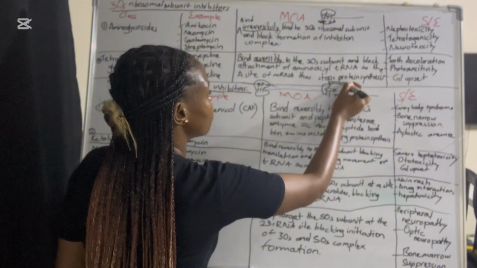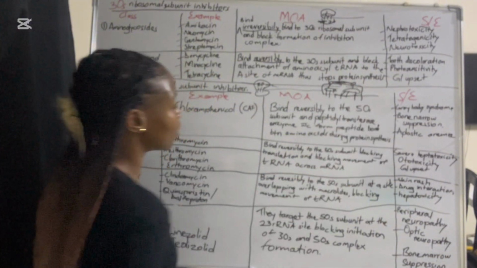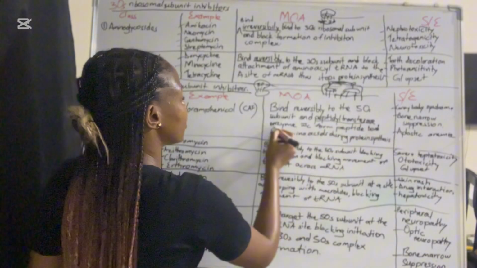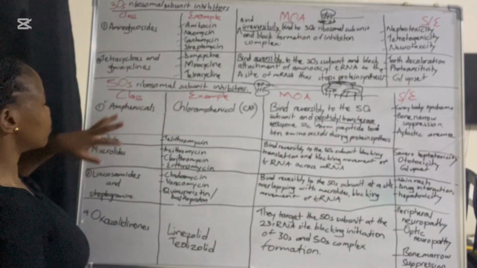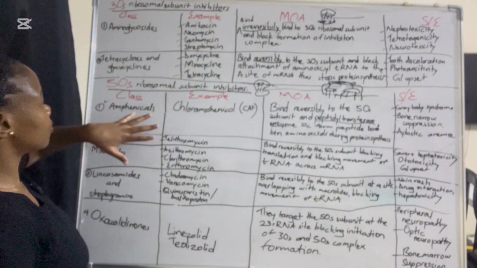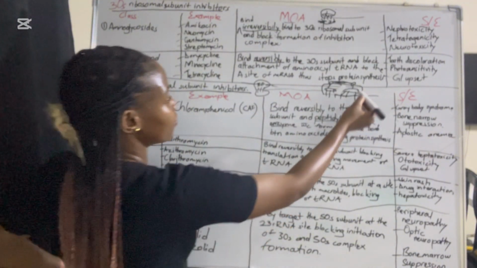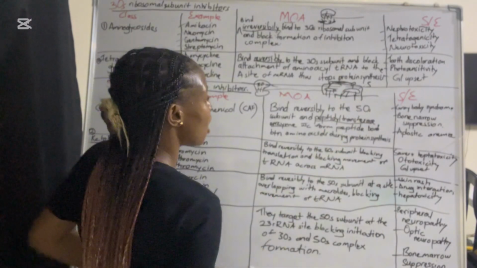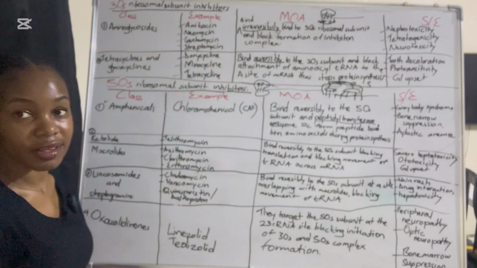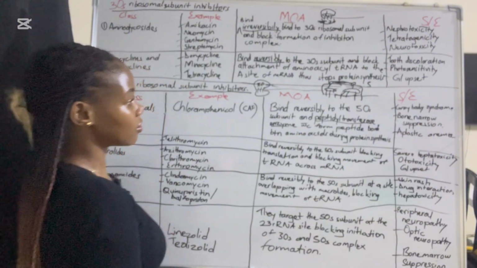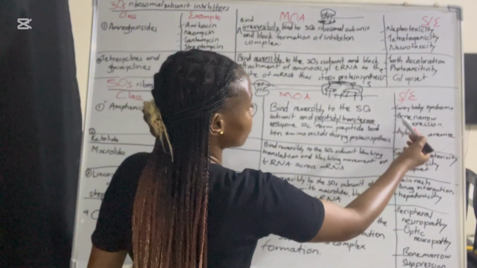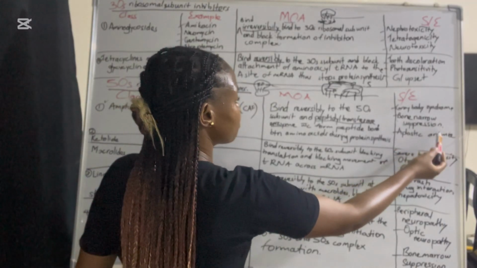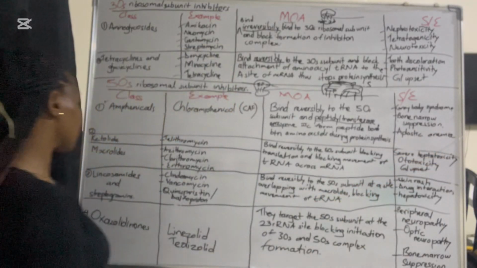Now this bond formed here, the peptide bond between the amino acids, is carried out by an enzyme, peptidyl transferase. So when these phenicols bind to the 50S, they're going to block this enzyme from creating a peptide bond, thus inhibiting protein synthesis. What are the side effects? The side effects, we have gray baby syndrome, bone marrow suppression, and aplastic anemia.